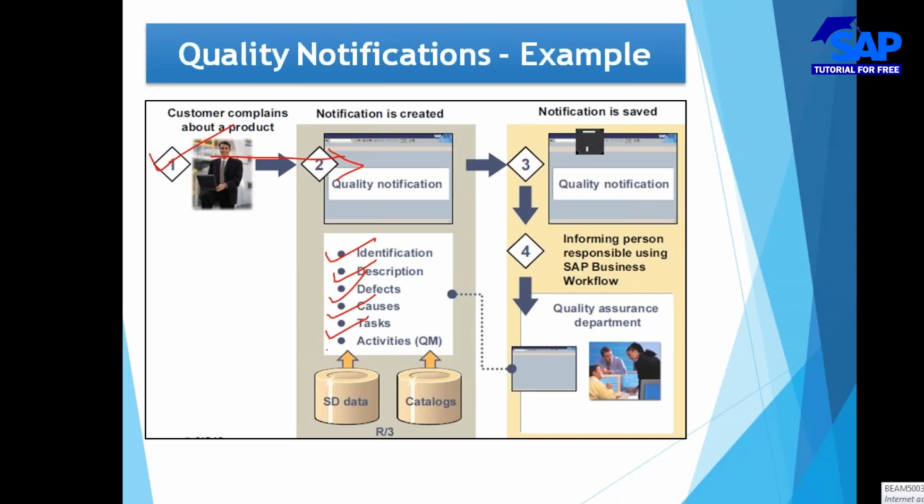What tasks, what activities you are going to perform? All those things you will enter in the quality notification, and then your notification is saved, and then that notification is processed by the concerned department. Okay, and then finally you will be closing the notification once all the activities are completed. This is the basic process flow of a quality notification.